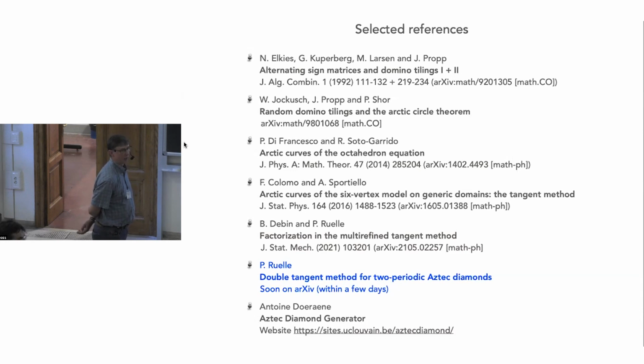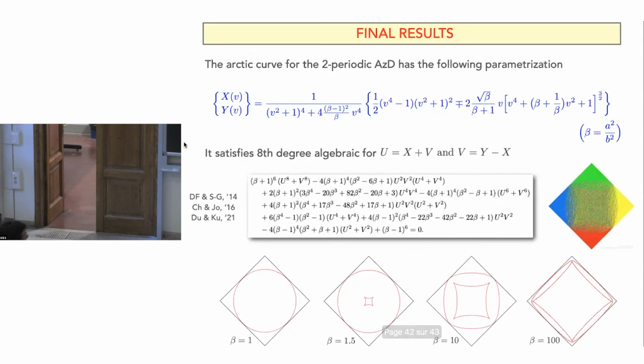Okay. Just for the very last slide, this was a little bit fast. How do you say that you can, by the tangent method, get the interior facet? I thought the tangent method just gives you the outer facet. So actually, in the tangent method, you always get only a portion of the Arctic curve.